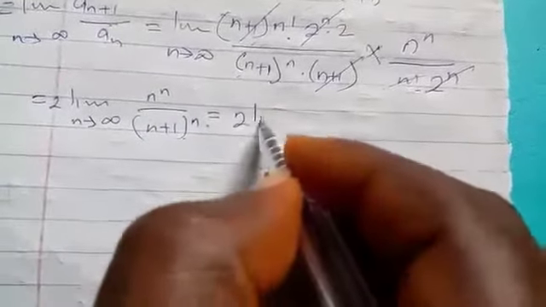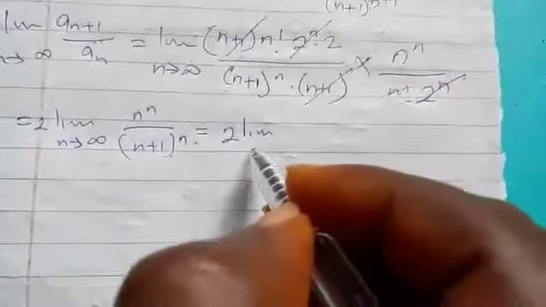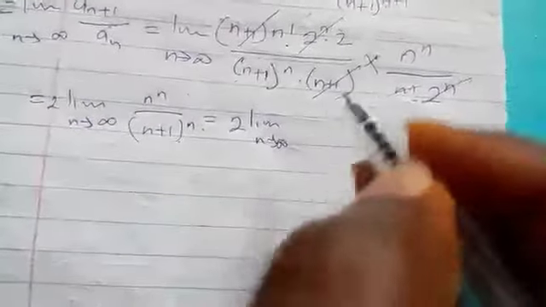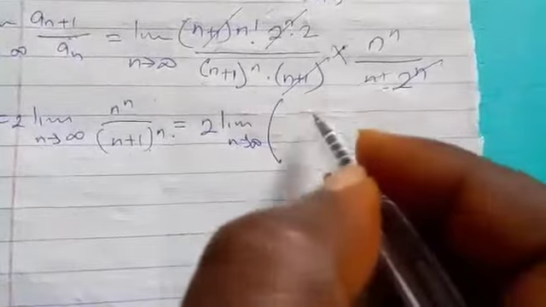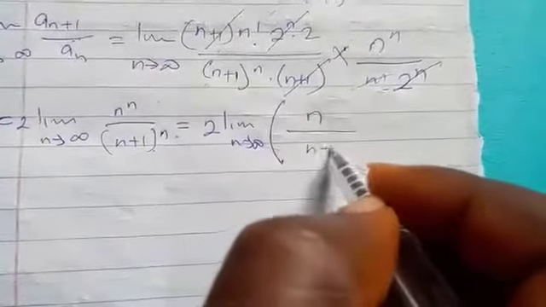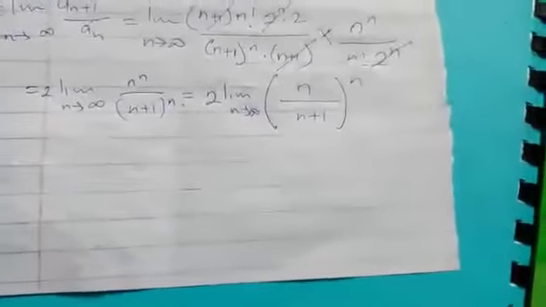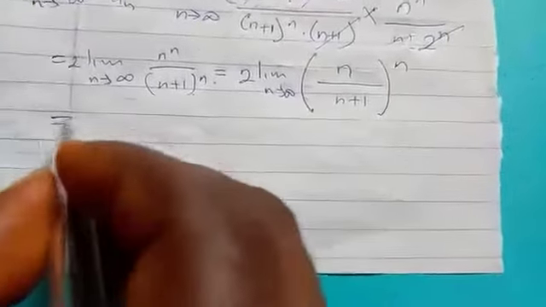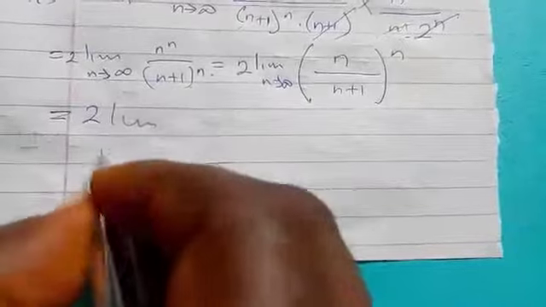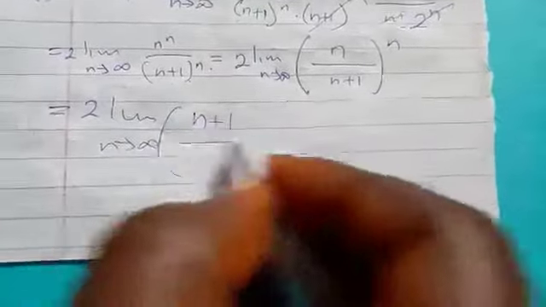Now this is 2 limit n tends to infinity. We can write this thing by indices as n plus 1 all raised to power n, which I can further simplify as n plus 1 over n.